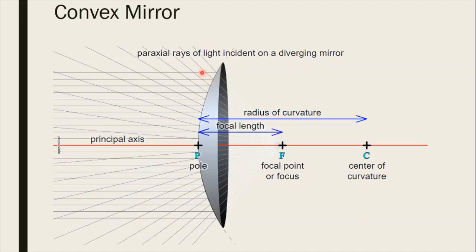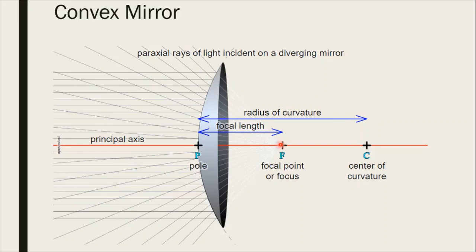Moving on to the convex mirror. In the case of a convex mirror, the rays get reflected at the reflecting surface of the mirror, and these reflected rays appear to come from a point F on the principal axis, and this point F is called the principal focus of the convex mirror.